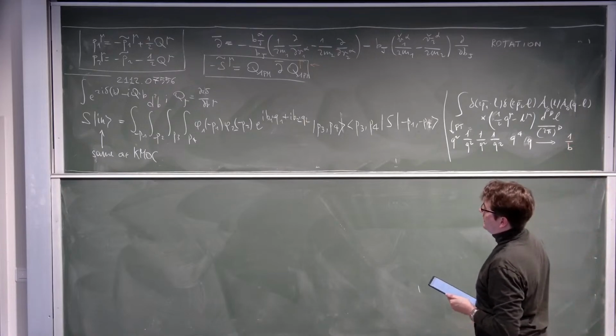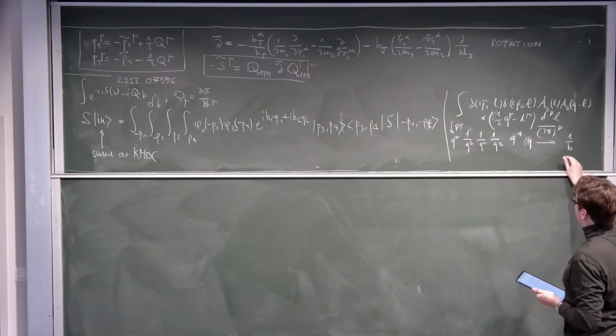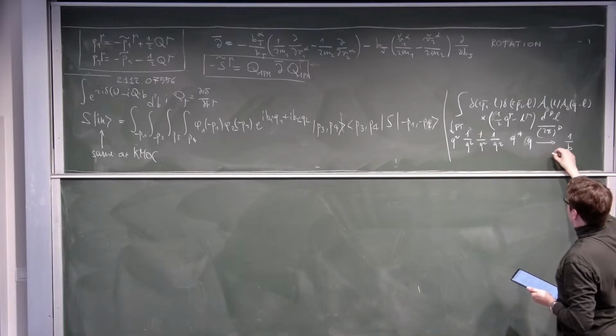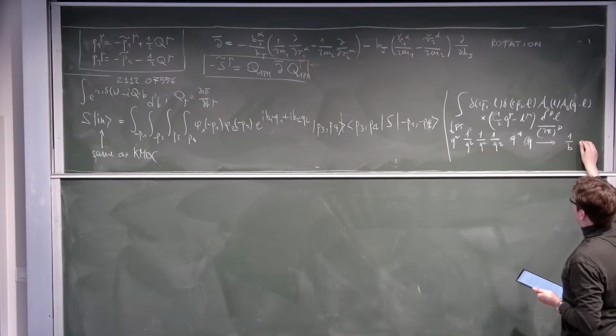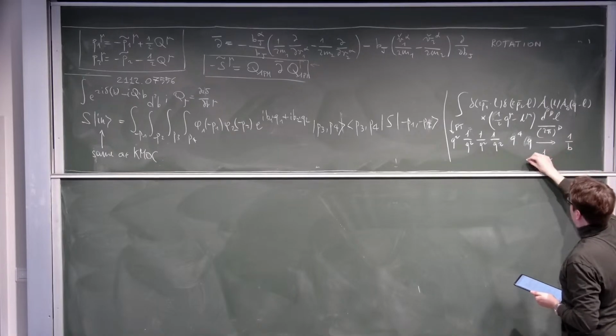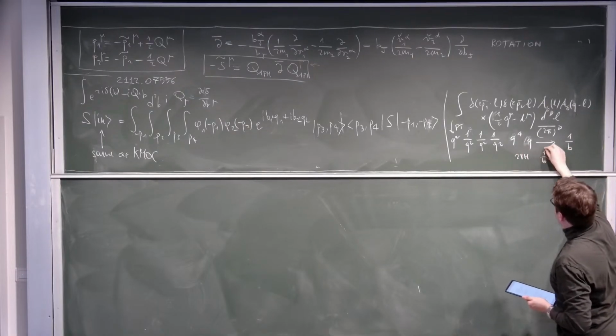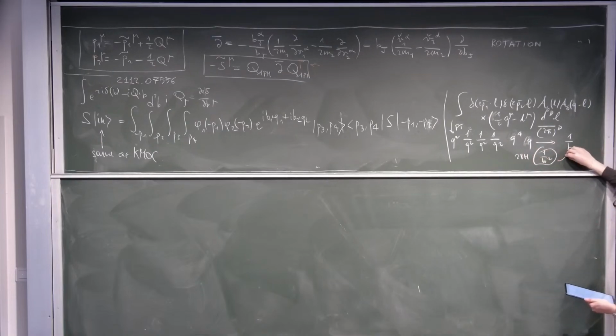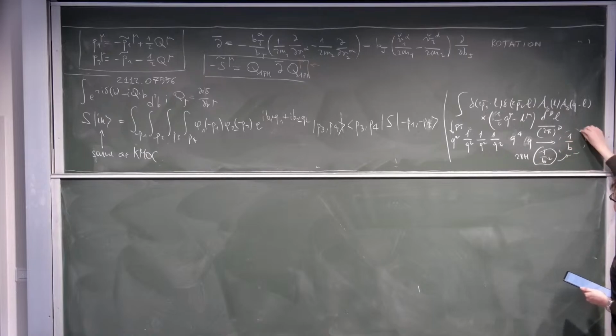The classical contribution to the impulse at 1PM scales like 1 over b, and the classical contribution to the impulse at 2PM should scale as 1 over b squared. So you see, this is sometimes referred to as a classically singular or superclassical term.